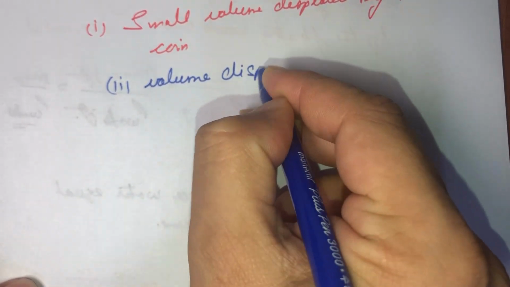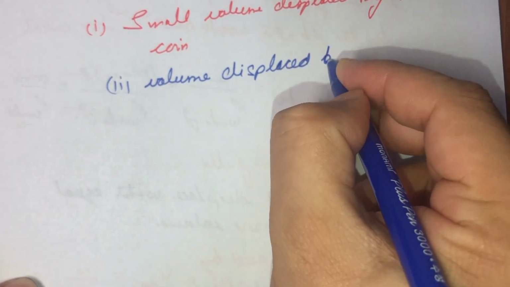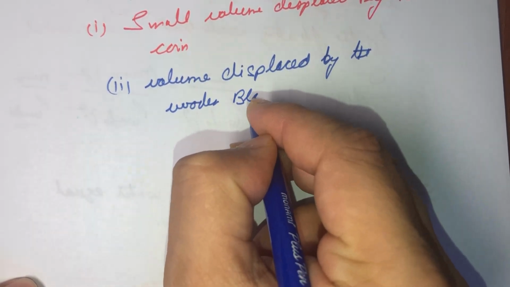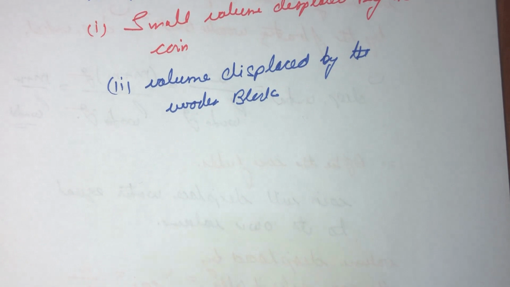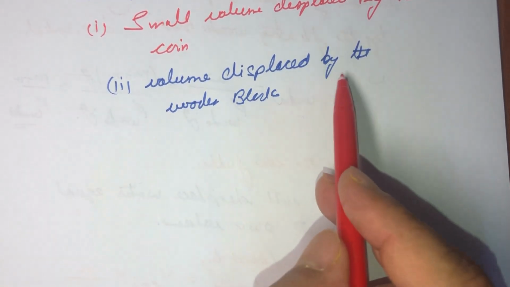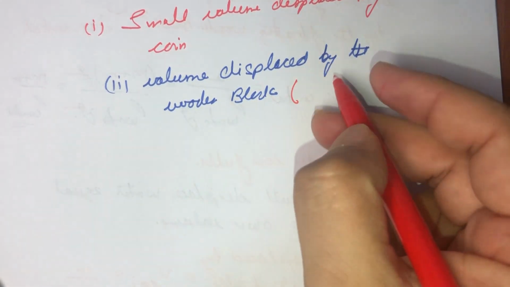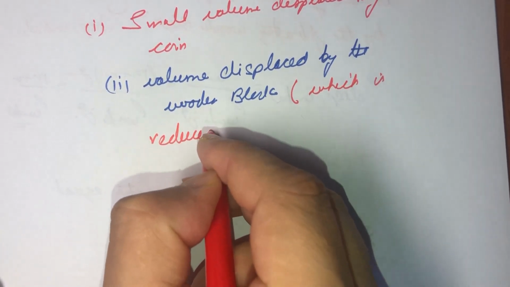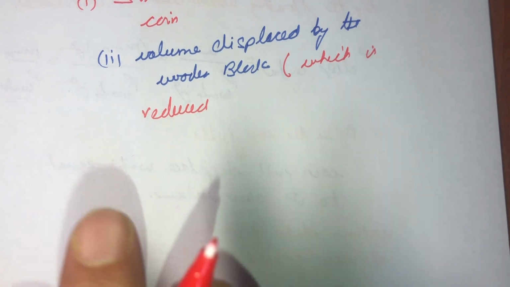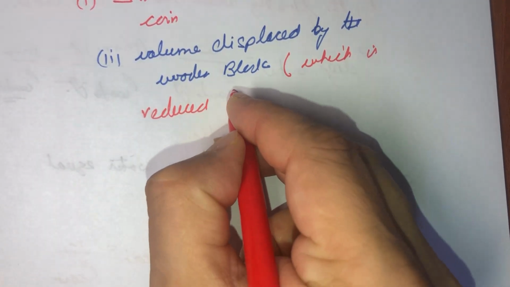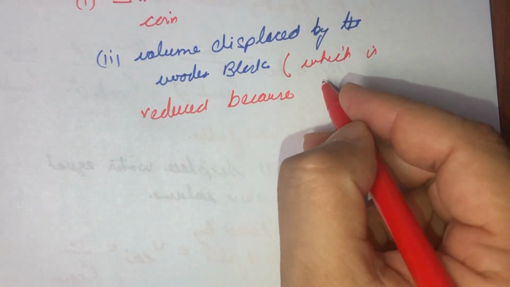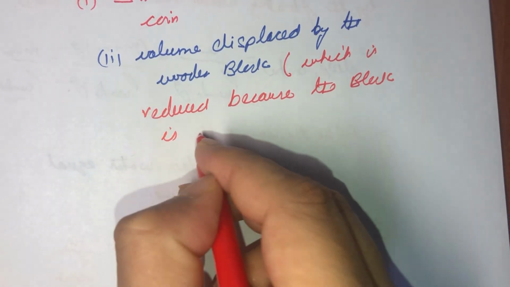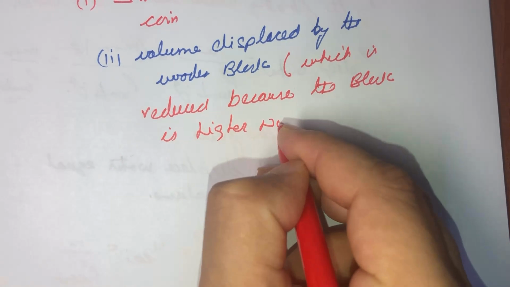Volume displaced by the wooden block. And we have already discussed that the volume displaced by the wooden block is reduced, because the block is higher now.